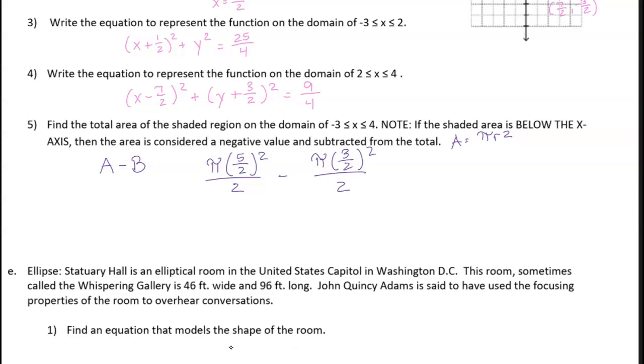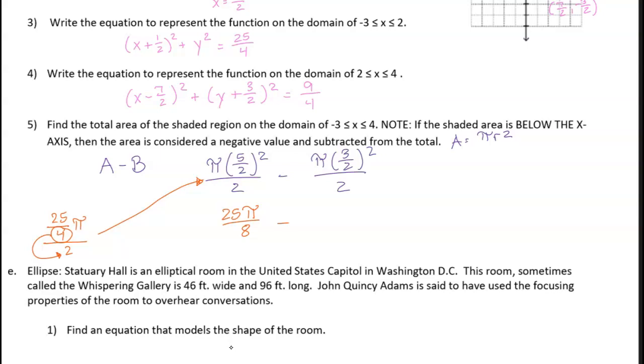Little side note here. If we have 25/4 over another denominator, what you can do to simplify this is bring this 4 down to the other denominator by multiplying it. So this becomes 25 pi over 8, minus 3/2 squared, which is 9/4.